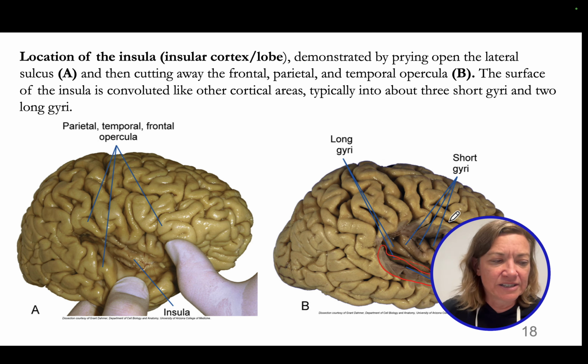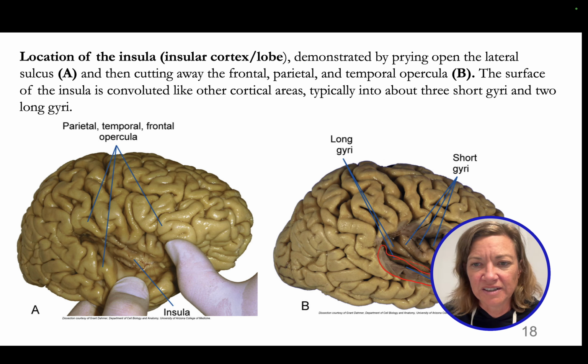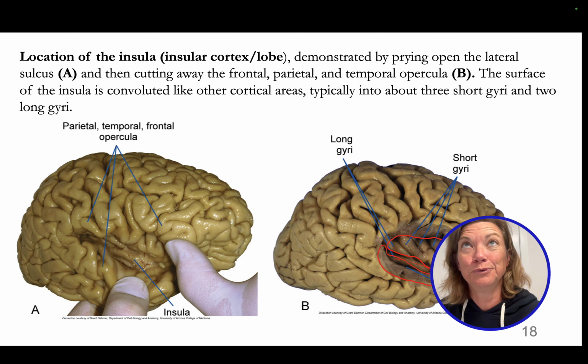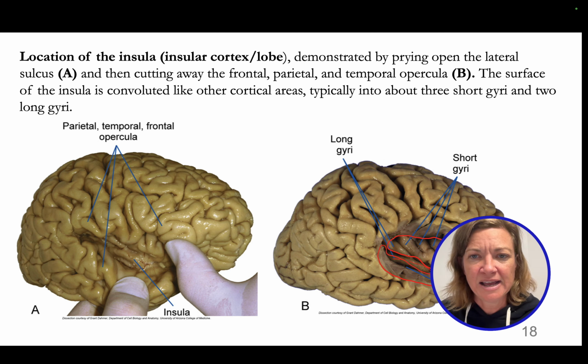Opercula literally means lid. So if you cut away that lid, you reveal the insula below. The insula itself is still convoluted. It's got gyri in it, typically about two long gyri and three short gyri.